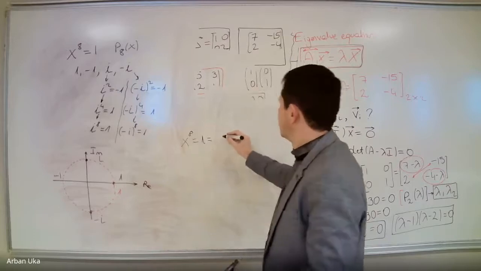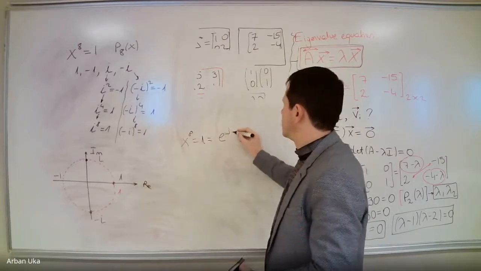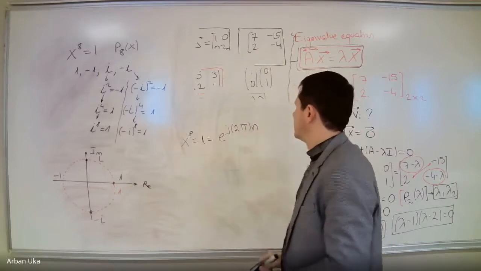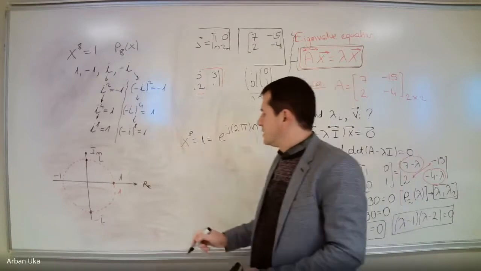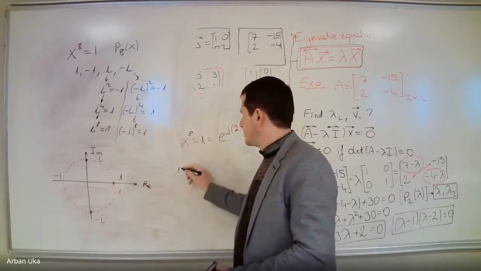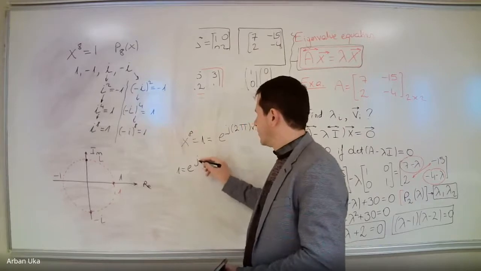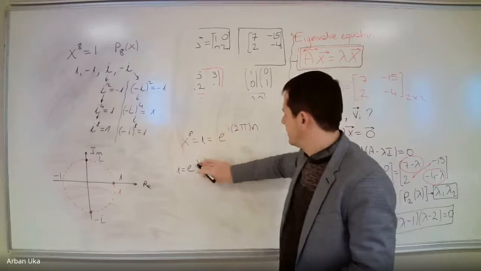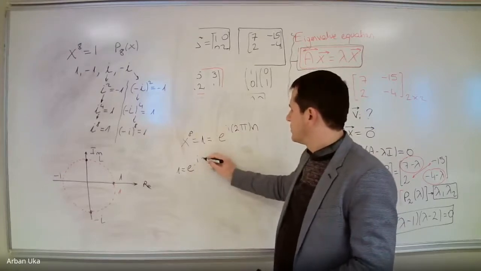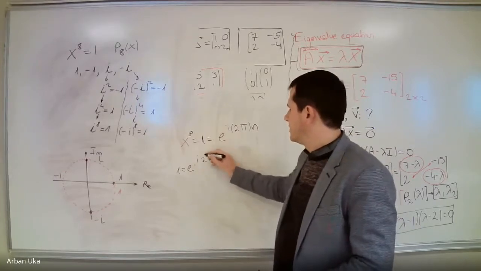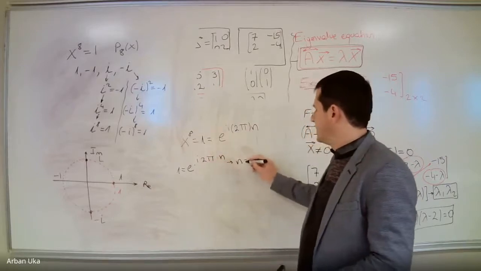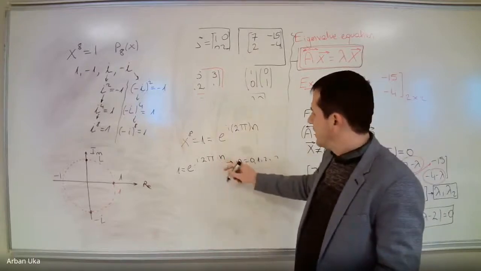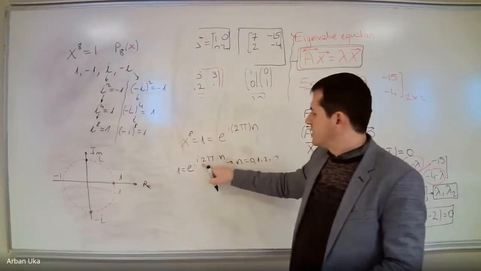This is in fact e to the power I times 2 pi times n, okay? Because here, 1 is equal to e to the power I times 2 pi times n, where n is equal to 0, 1, 2, 3, etc. So if n is equal to 0, e to the power 0 is 1.